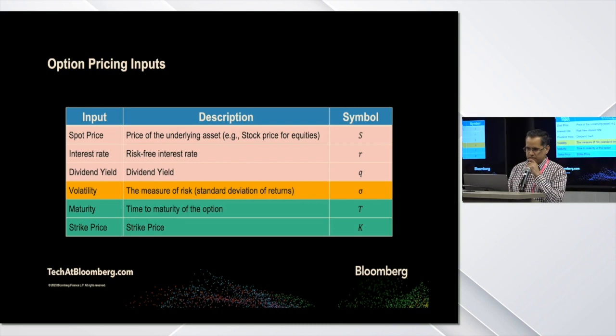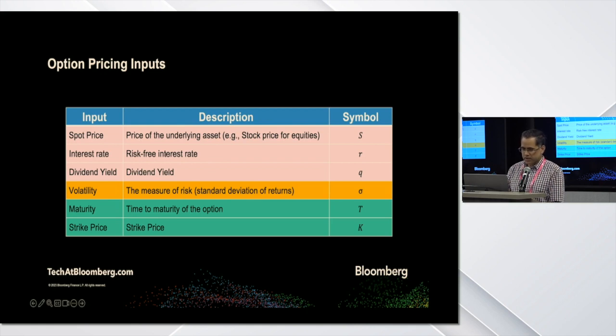Let's now look at what are the inputs which are required for option pricing. The most important is obviously the spot price. The spot price is the price of the underlying asset. So you can have options on stocks, then it's a stock price. If you have options on currency exchange rates, then it's the FX rate, commodity prices, whatever, right? And then we need the interest rates and dividend yield, or convenience yield if you're using commodity options.